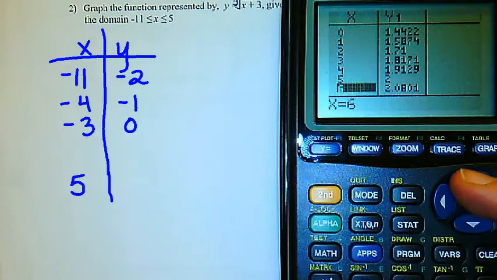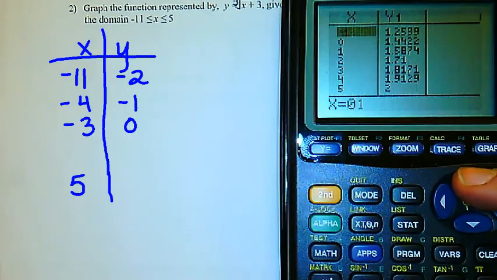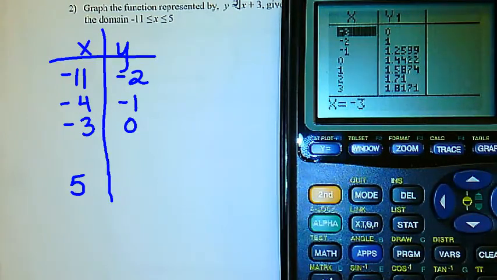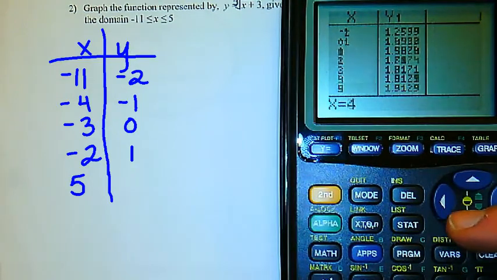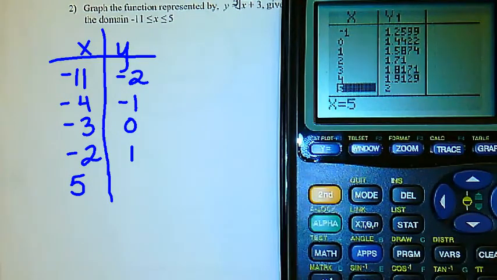Oh, did I miss one? Okay, -2. Again, remember we want to make it somewhat symmetrical. And then 5, what was that, 2? Yeah, 5, 2. Usually the magic number with a cube root is 5 points, if you can do it.